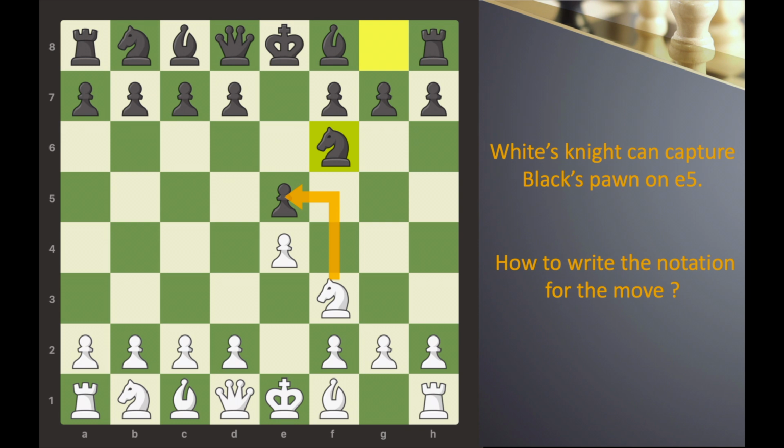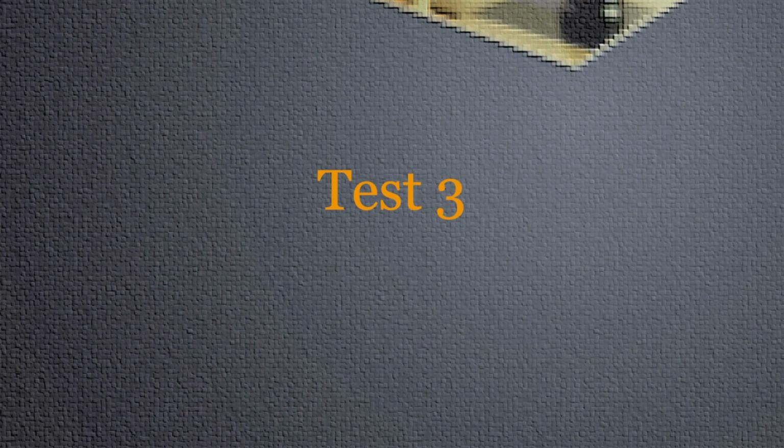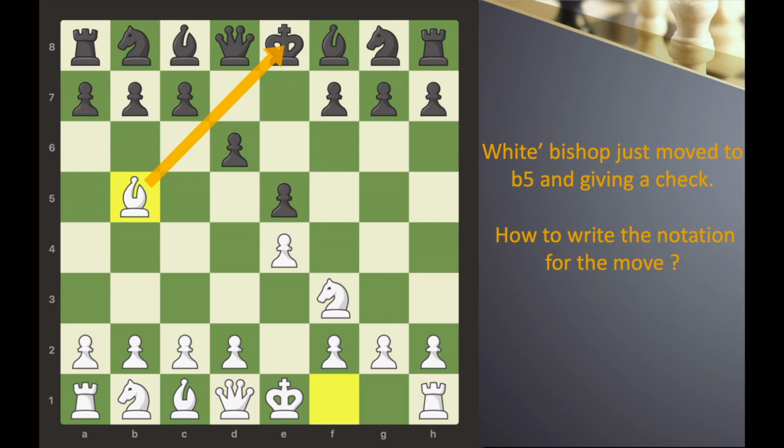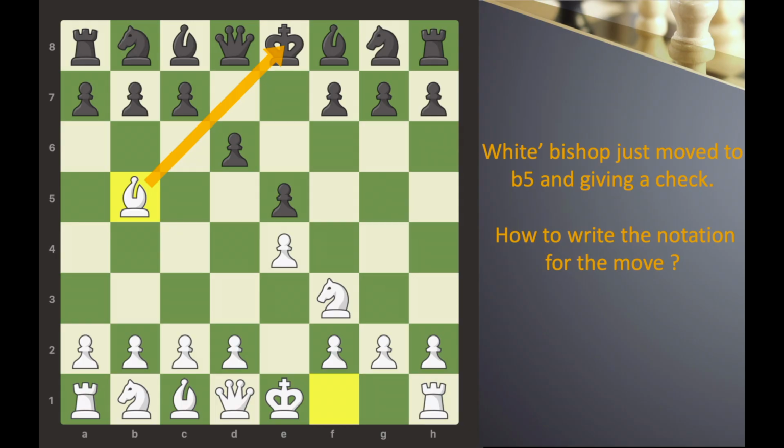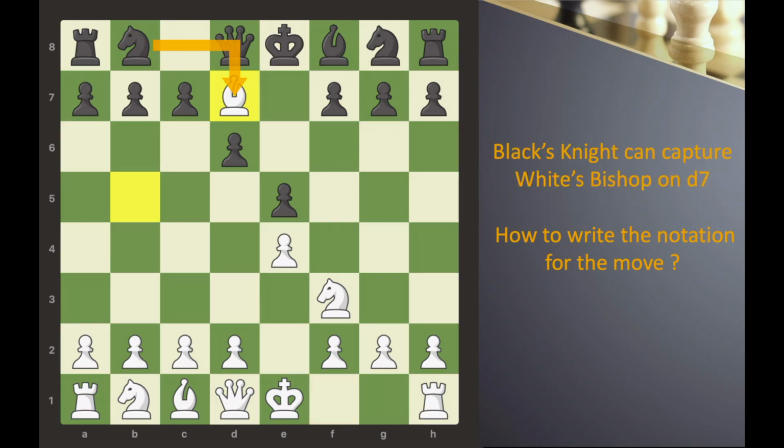How do you write the notation for the move? Here, black's knight can capture the white's bishop on d7. How to write the notation for the move?